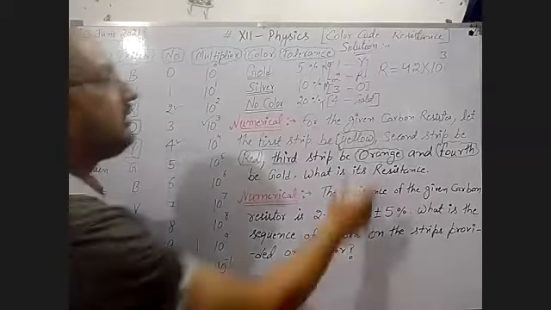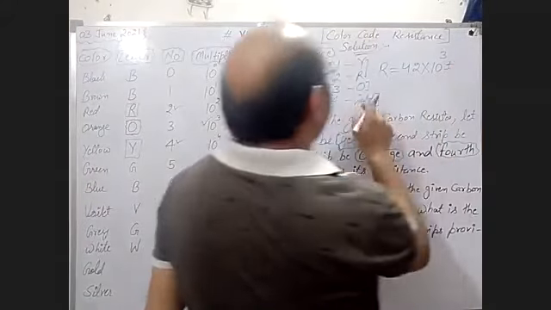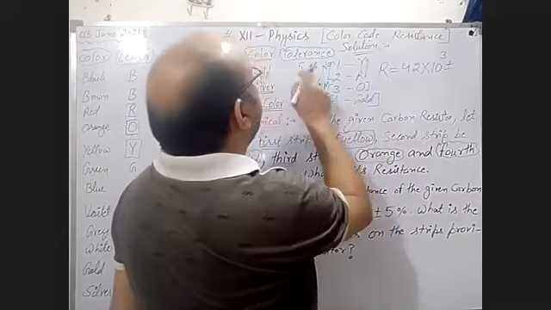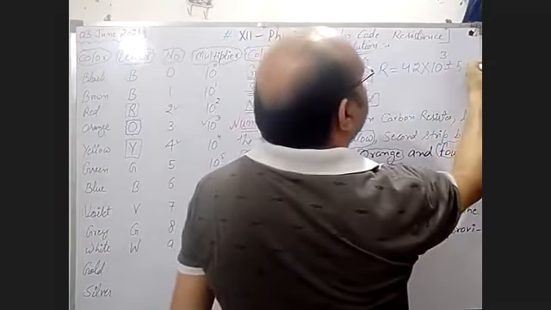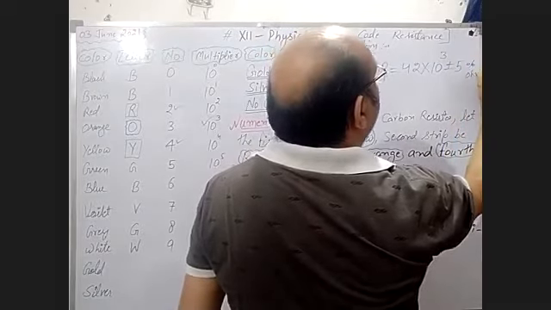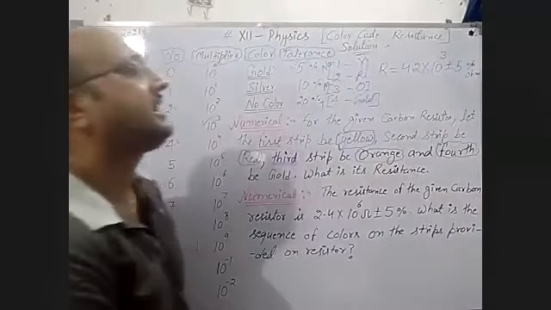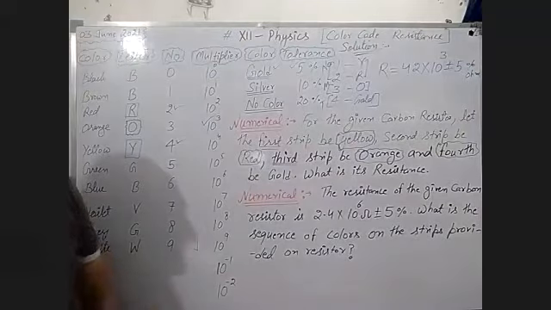Now plus minus, what is the tolerance in gold? 5%. This is the value of gold. In the last you have to write ohm. In this way you can calculate the value of resistance. Very easy concept is this.